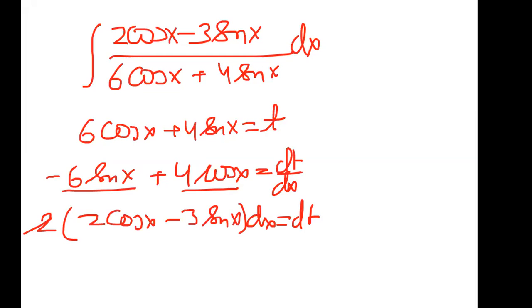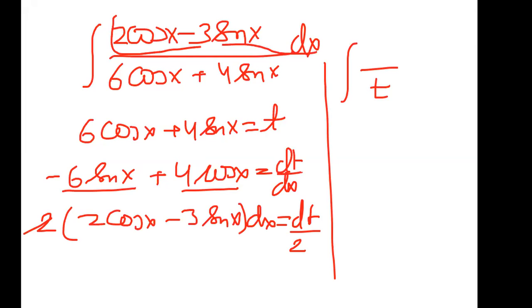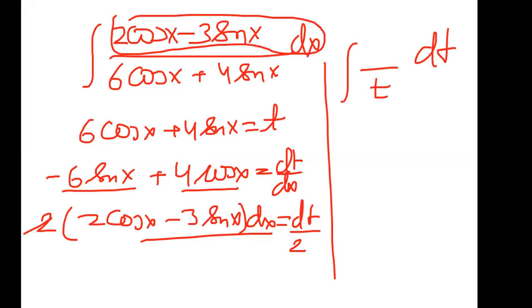This 2 I can write down also. So the denominator we have supposed as t, and (2 cos x minus 3 sin x) dx can be written as dt by 2. So it will be 1 by 2 log mod t plus c.